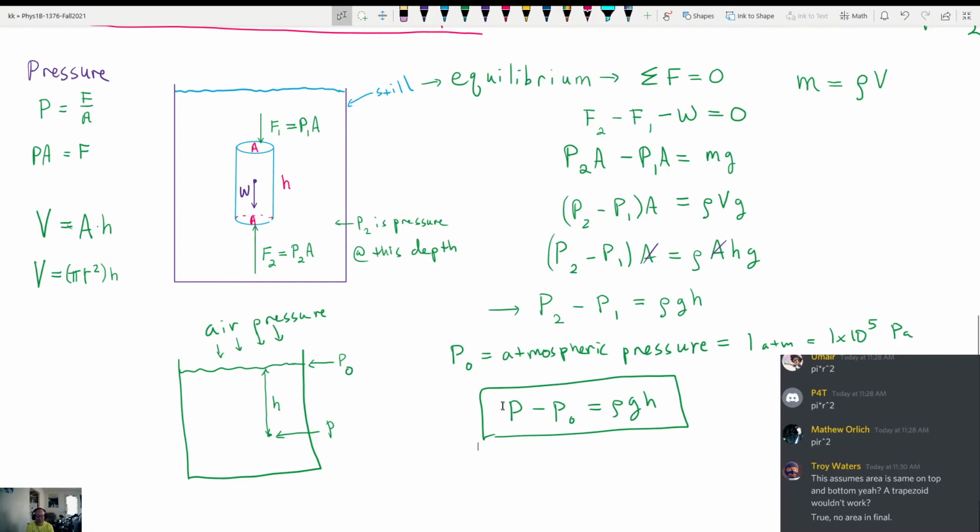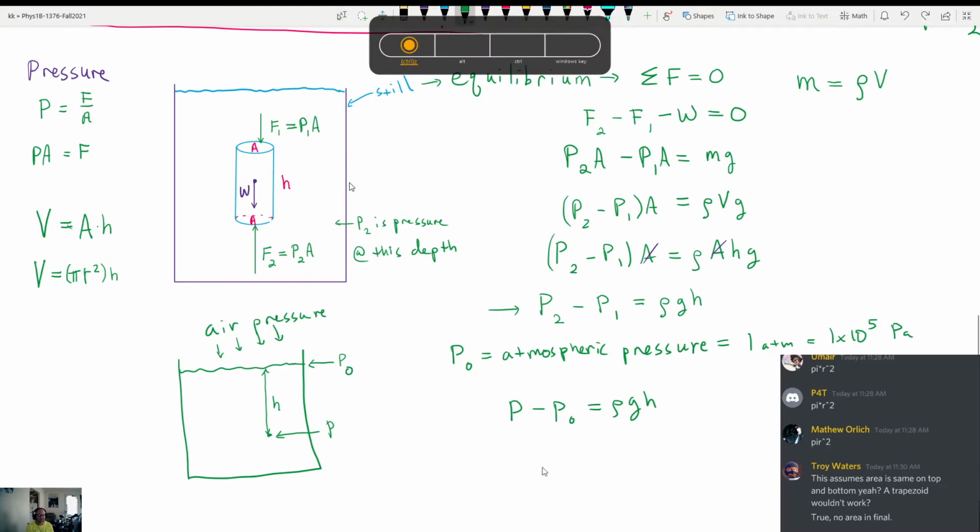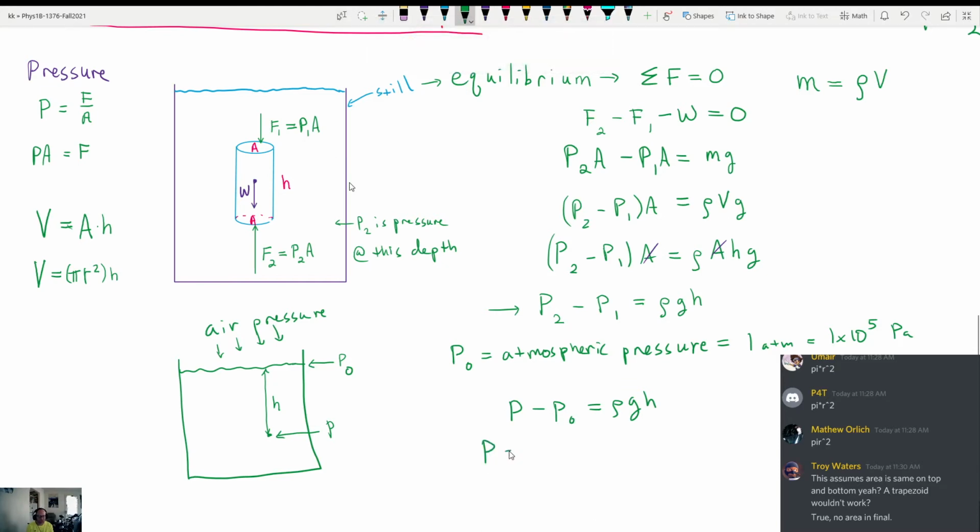Here, let me rearrange it. The pressure at any depth in a fluid is equal to the pressure on top of the fluid plus rho times g times h. There we go. This is usually the way that it's written. And this is our equation for the variation of the pressure with depth.